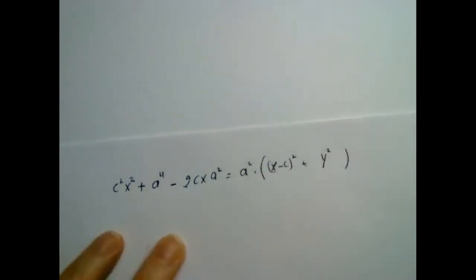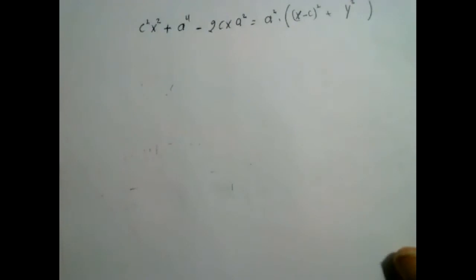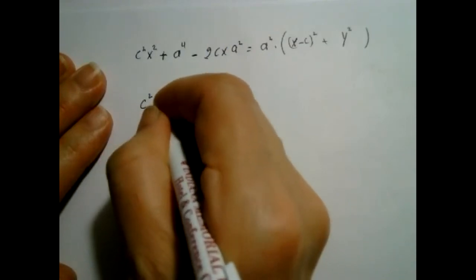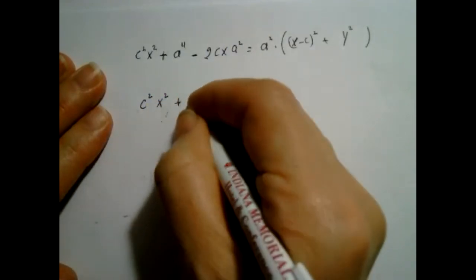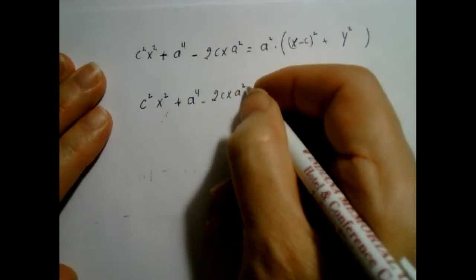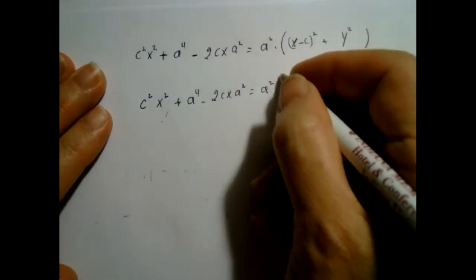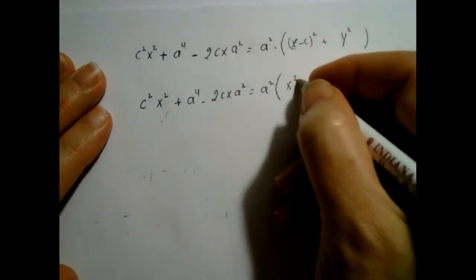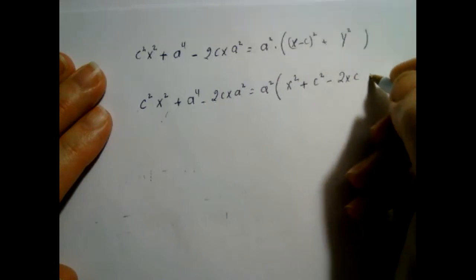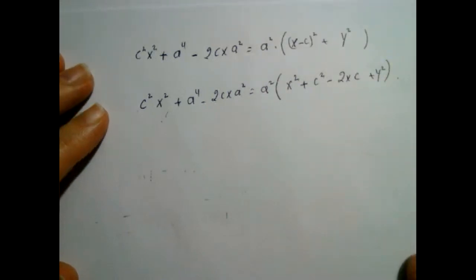All right, now finally, I'm going to distribute and make this as nice as possible. So finally, I will get this plus a to the 4 equal a squared times, this gives me x squared plus c squared plus y squared.